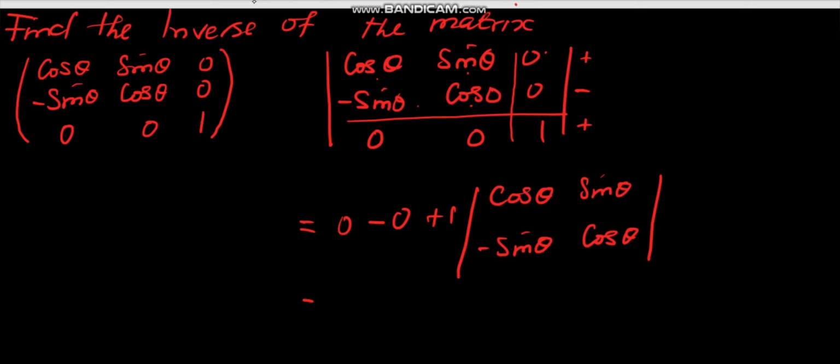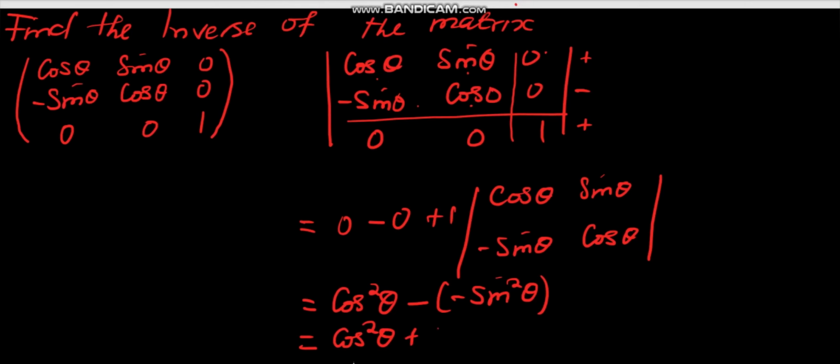So here in the major diagonal, cos theta times cos theta, we get cos squared theta, minus negative sin theta times sin theta, we get negative sin squared theta. Negative times negative gives a positive, so our determinant will be equal to cos squared theta plus sin squared theta.